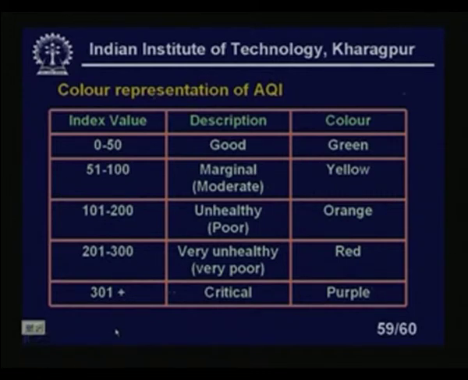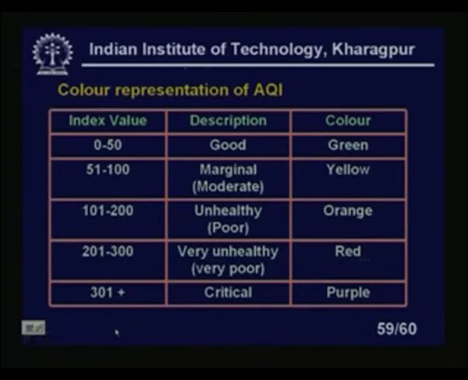I cannot justify why it is yellow, it is some standard to be followed. Then we have 101 to 200, unhealthy or poor, which is orange. Then we have a 201 to 300 AQI value, very unhealthy or very poor, which is red. Red means always alert, and 301 plus is critical.